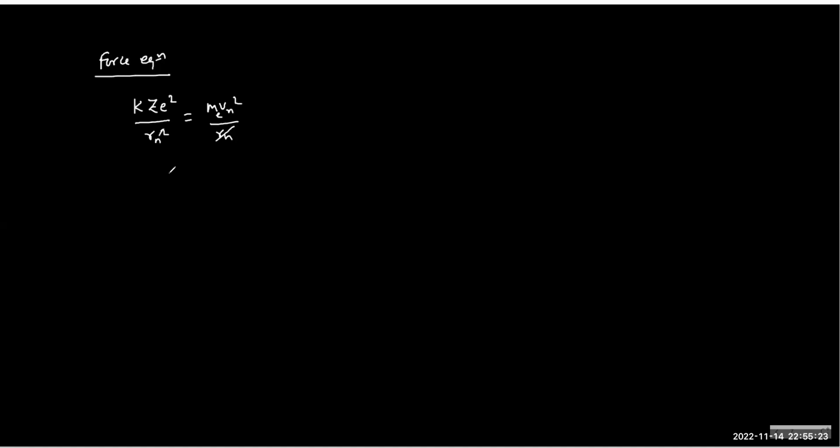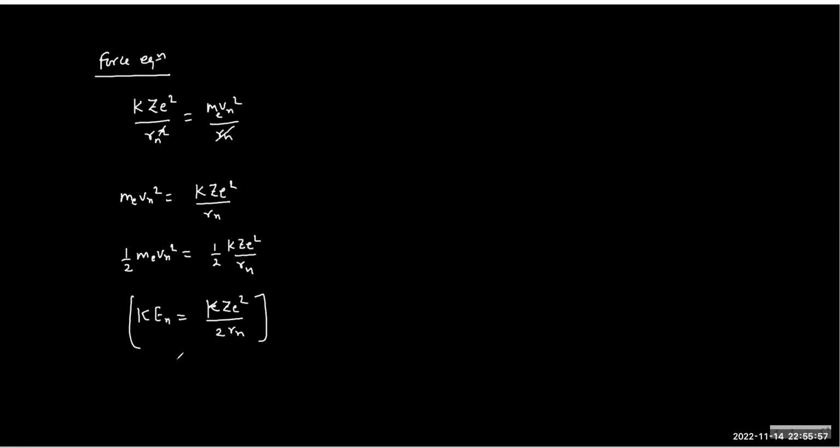This will cancel out. So mv square, you're getting how much? Half mv square is how much? So kinetic energy is always expressible only in terms of radius. No need to have velocity.